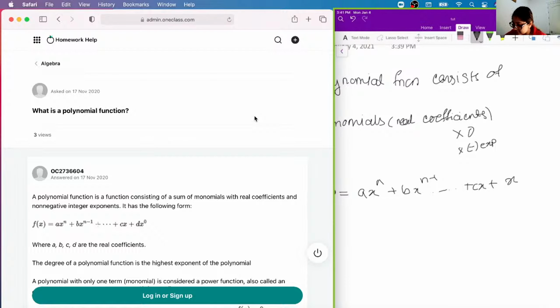And so where a, b, c are coefficients, all real numbers, okay? And the last term would be a number, any type of number. And so this is what a polynomial is.